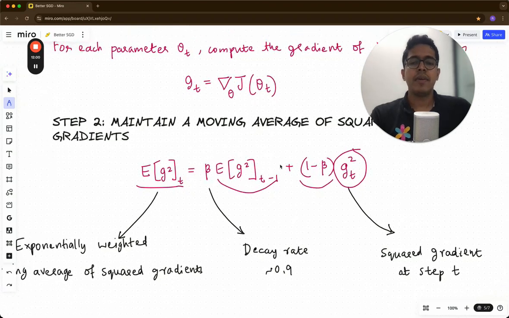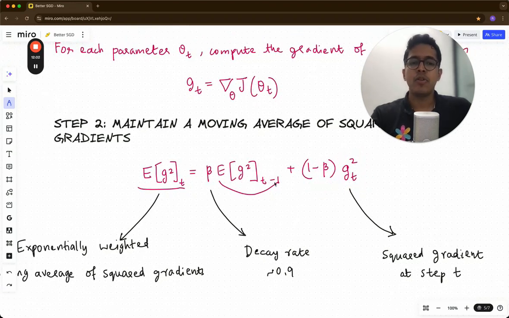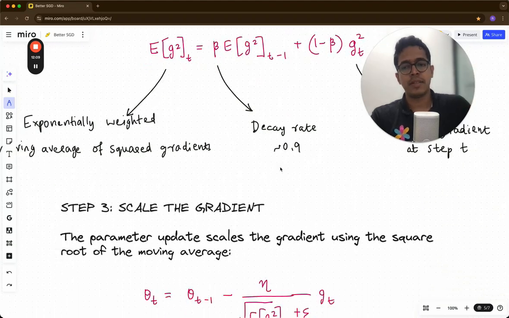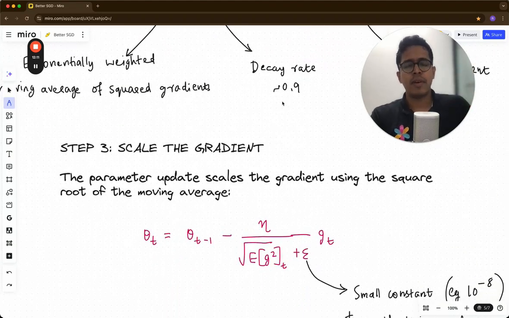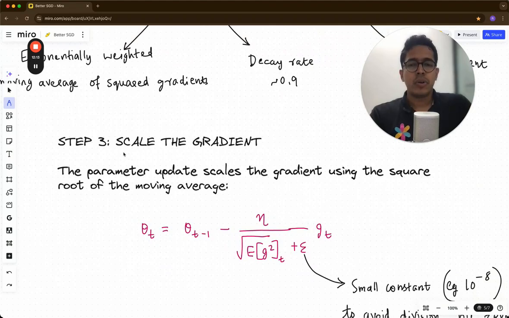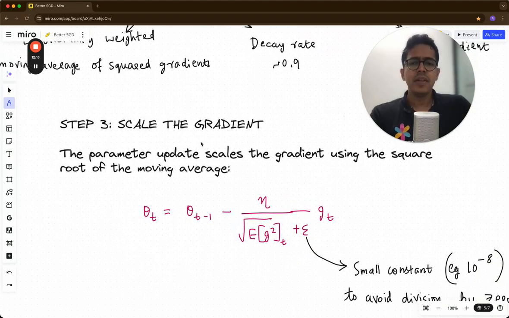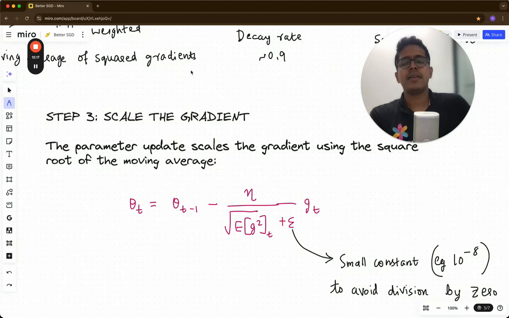Now you might be wondering, okay, what is this moving average? You'll be able to visualize that only if you start to think from the time step t equal to 1, the very first step. But we'll come to that while implementing. Now for scaling the gradient, what are we going to do? We are changing the learning rate.